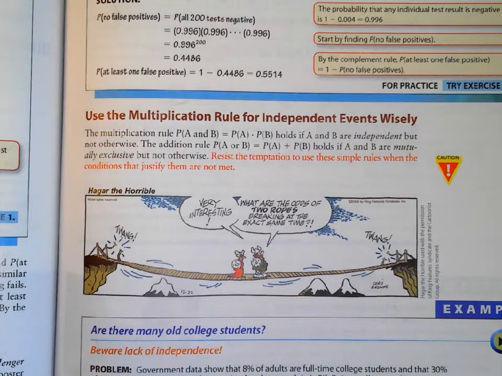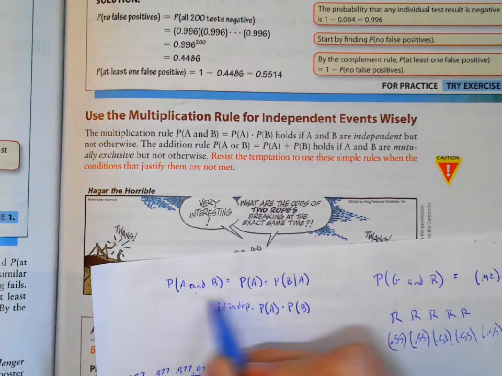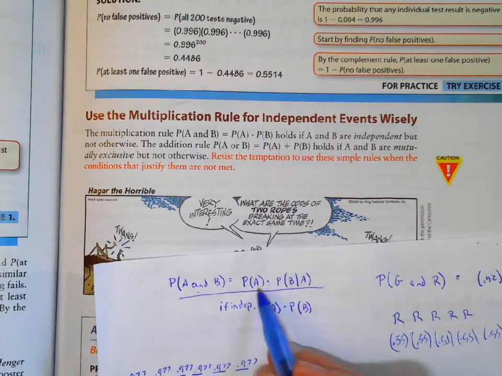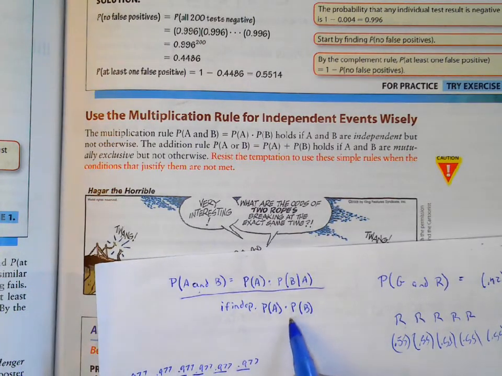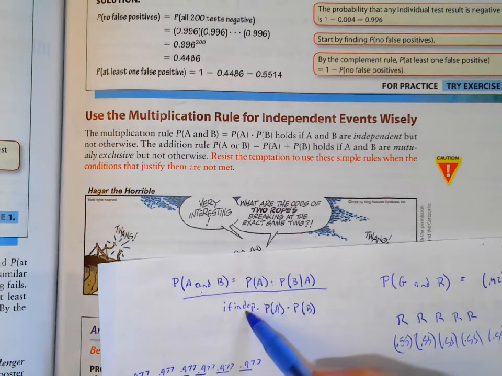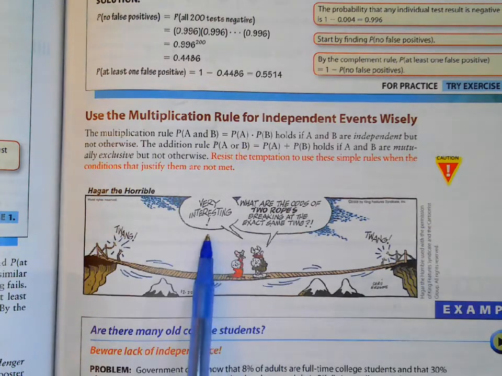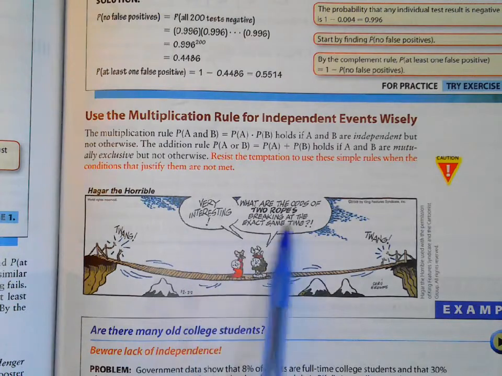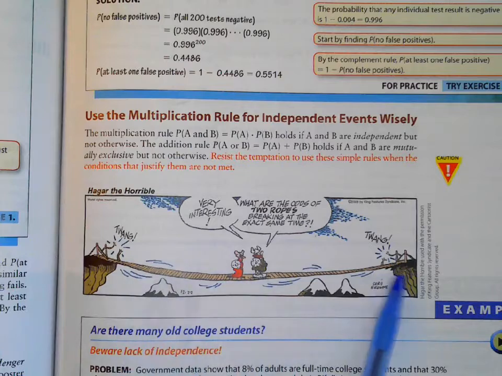Okay, so now we're going to talk about this independence rule. So basically, we're going to make a decision when I have to use this formula versus this formula. And the difference is whether they're independent or not, right? So this is a cartoon here. Very interesting. What are the odds of two ropes breaking at exactly the same time?